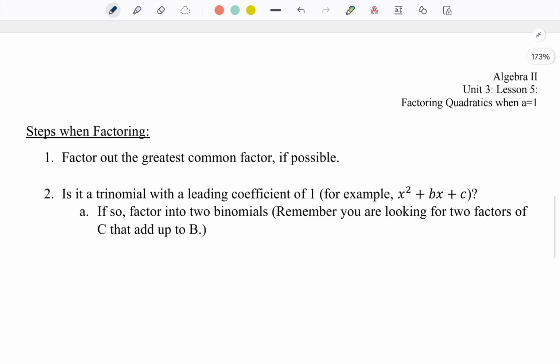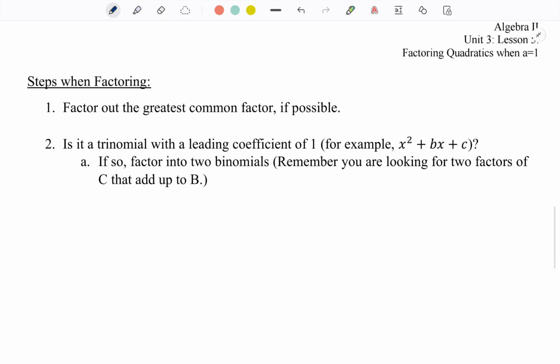So just to recap here, the two factoring lessons that we have done so far do wind up going together. Because as we said in the last lesson, step number 1 needs to be factoring out that GCF if at all possible. And then you need to ask yourself, is it a trinomial with a leading coefficient of 1? Which means that you don't see that number in front. And if so, you need to factor it into two binomials.